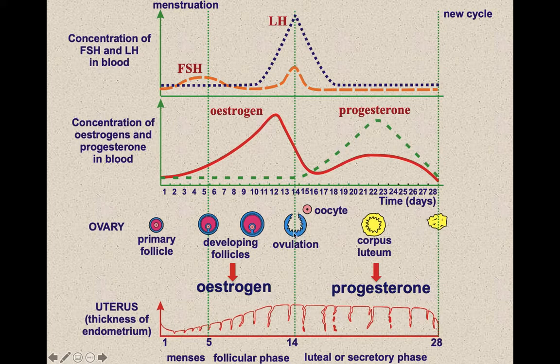That point in time we call ovulation. So that's why that happens. As soon as the Graafian follicle has released the egg, the oocyte, you remember, it starts to turn into this structure called corpus luteum, yellow body, remember?